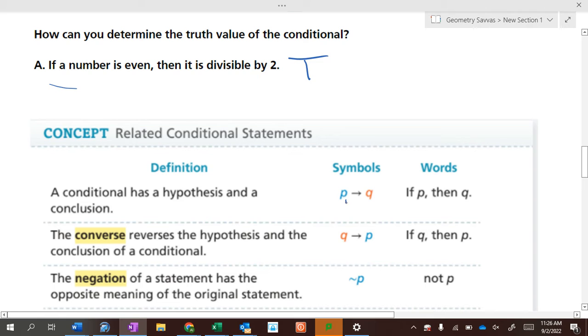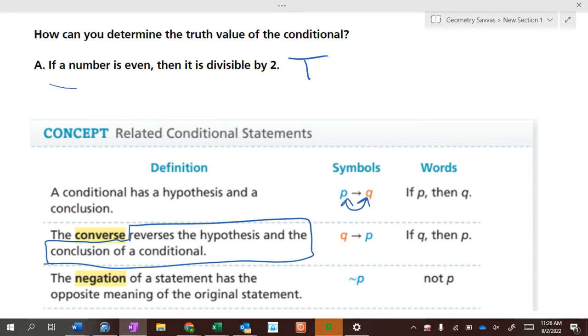Turning it around. If I turn a statement around, switching the hypothesis and the conclusion, it would be called the converse. So a converse reverses the hypothesis and the conclusion of a conditional.